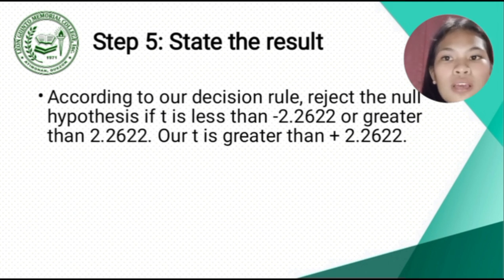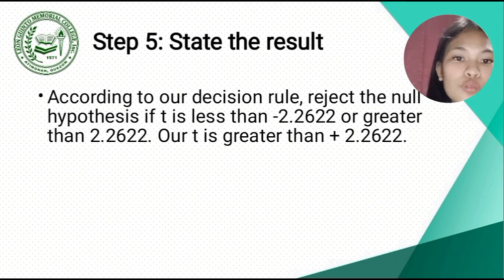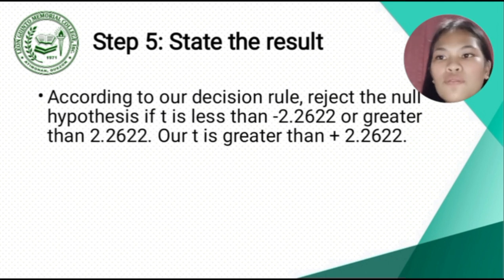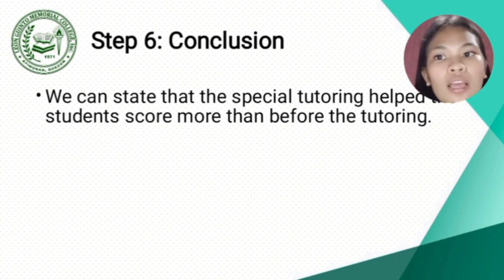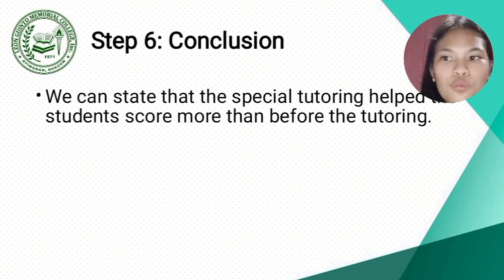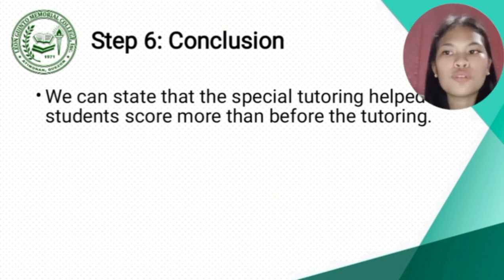The mean before and after the special tutoring is not equal, meaning the course made a difference. For step 6, we can state that the special tutoring helped the students score higher than before tutoring.